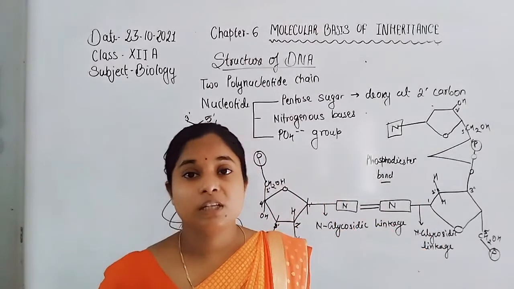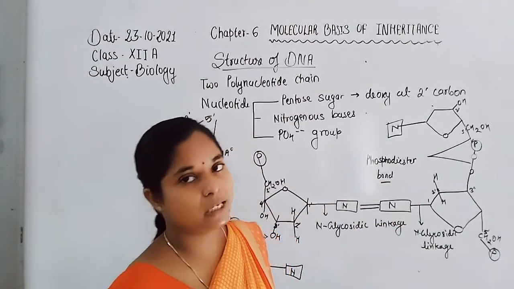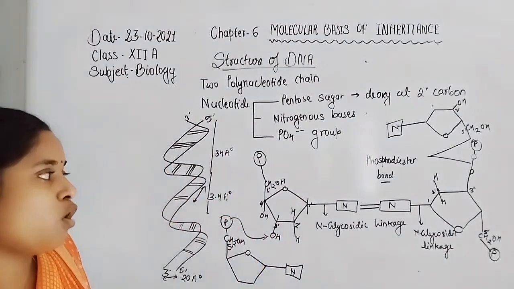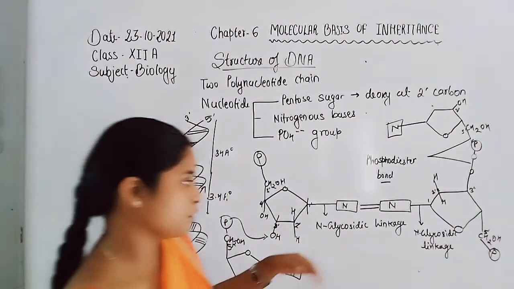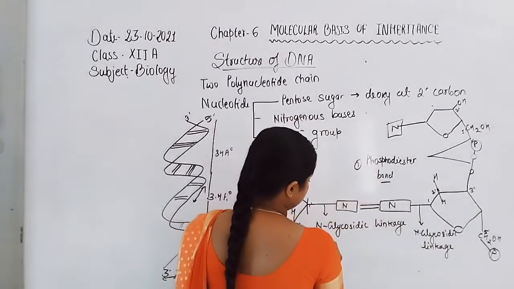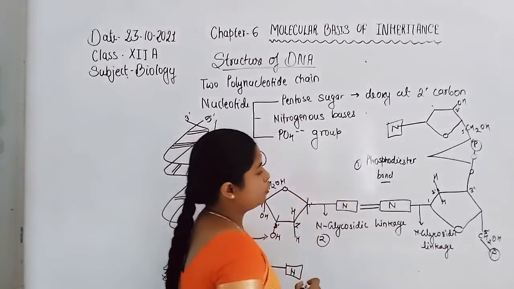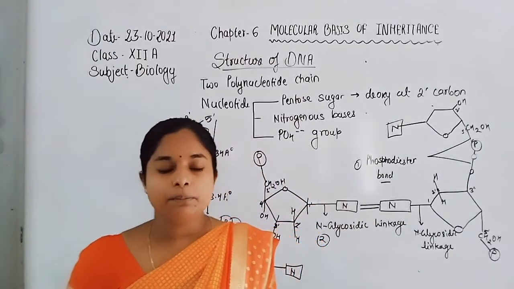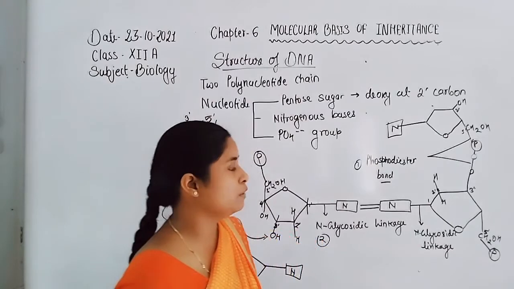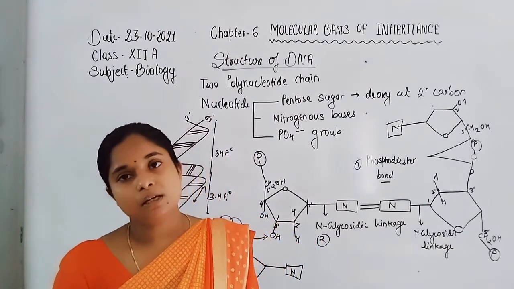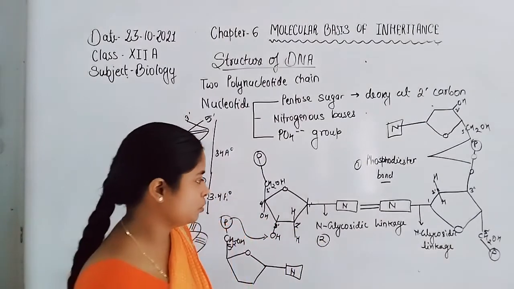So there are 3 kinds of bonds present in a DNA strand. These bonds are, first, the phosphodiester bond, second, the N-glycosidic linkage. The phosphodiester bond is present between the 2 nucleotides, where the phosphate group is involved in the formation of 2 ester bonds. That's why this is known as a phosphodiester bond.